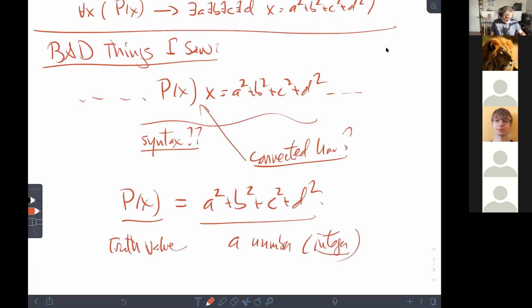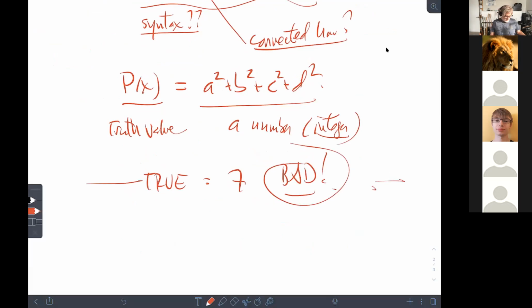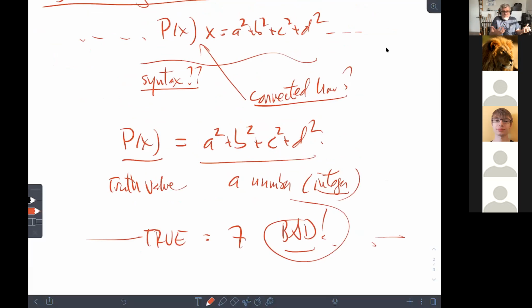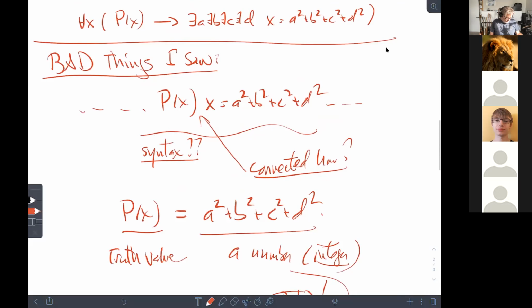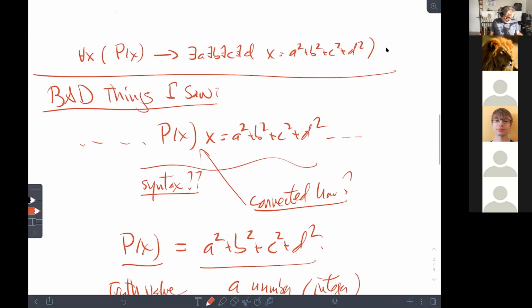So it's exactly the same as writing something like true equals 7. No, that's bad, okay? Don't do that. They have a different nature. They can't be equal, right? So be careful with the syntax.